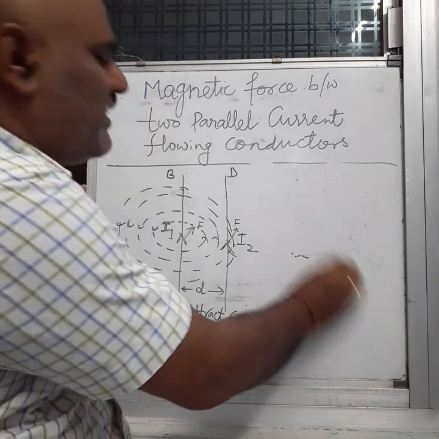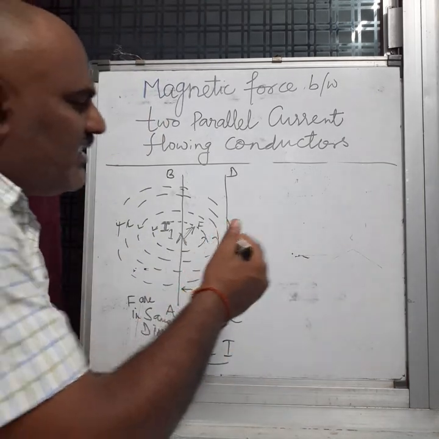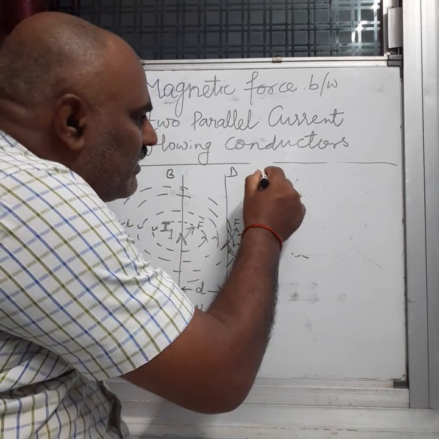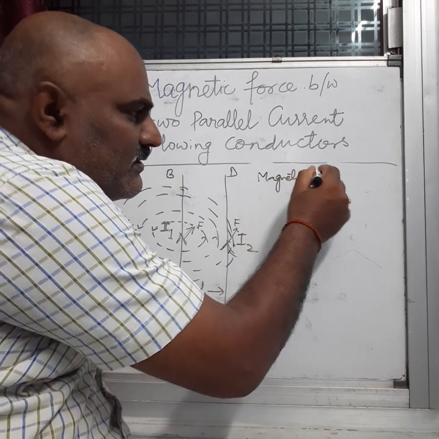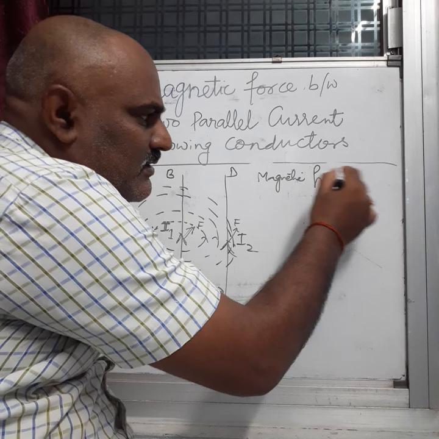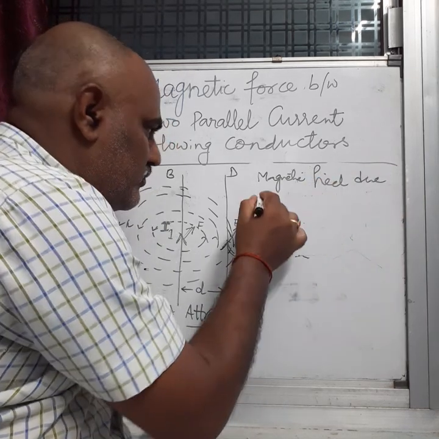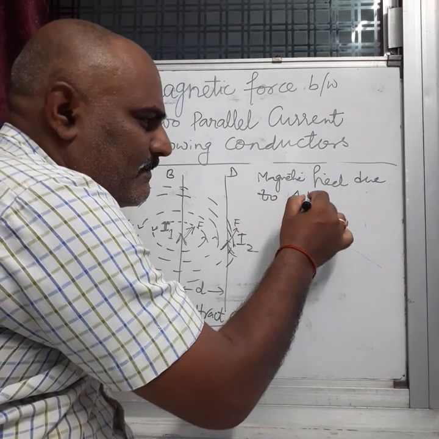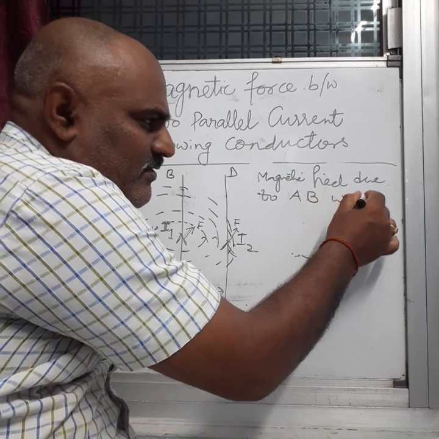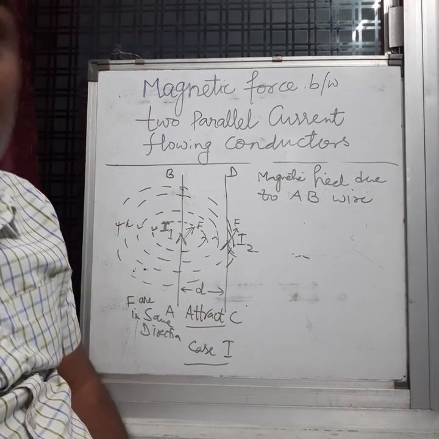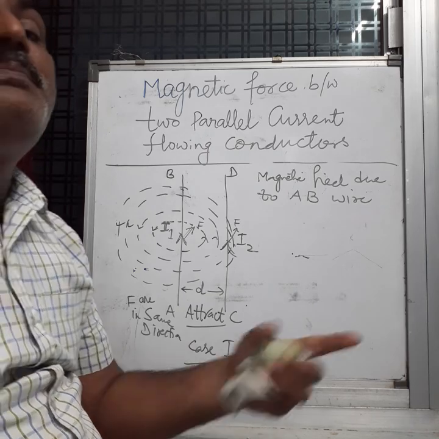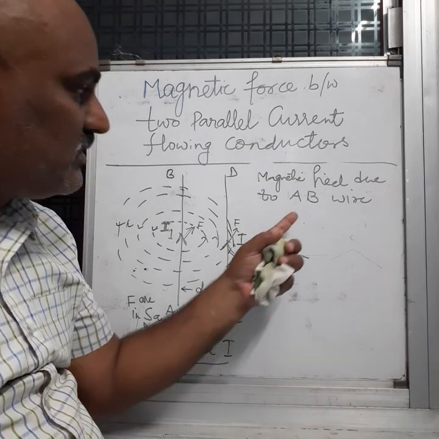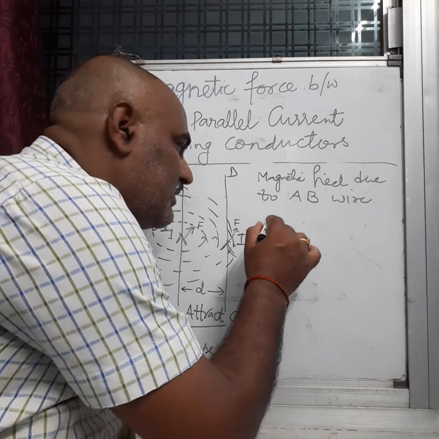So what we are finding here is the magnetic field due to the AB wire. What will be the magnetic field due to the AB wire? See, always link with the previous topic. This can be calculated.